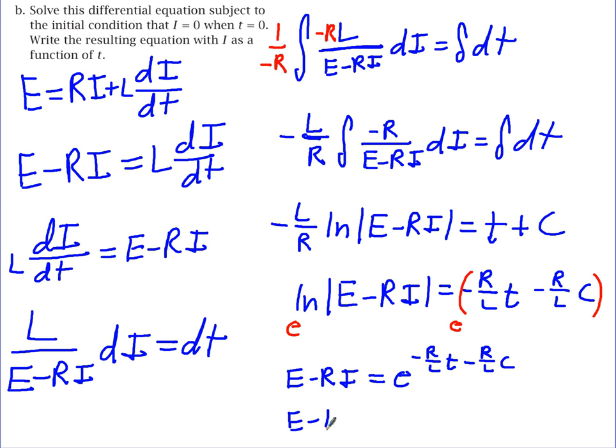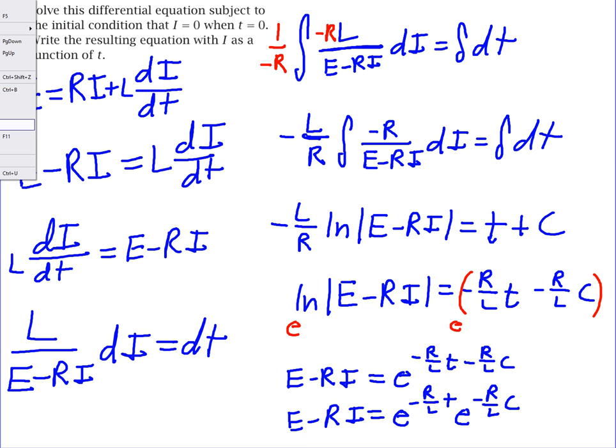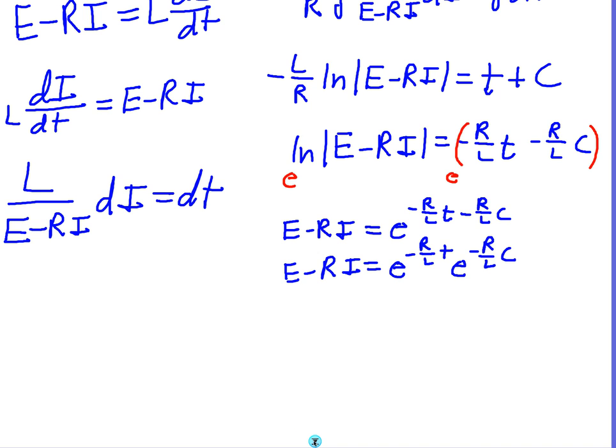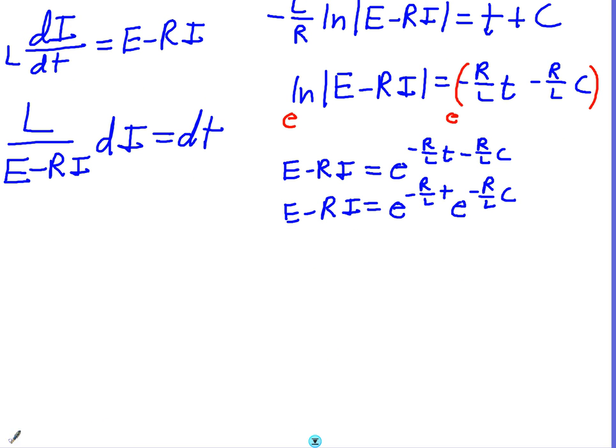And using properties of exponents, I can rewrite that as so, with a constant here. Great. So now notice this bit here is just some other constant. I'll call that C1.